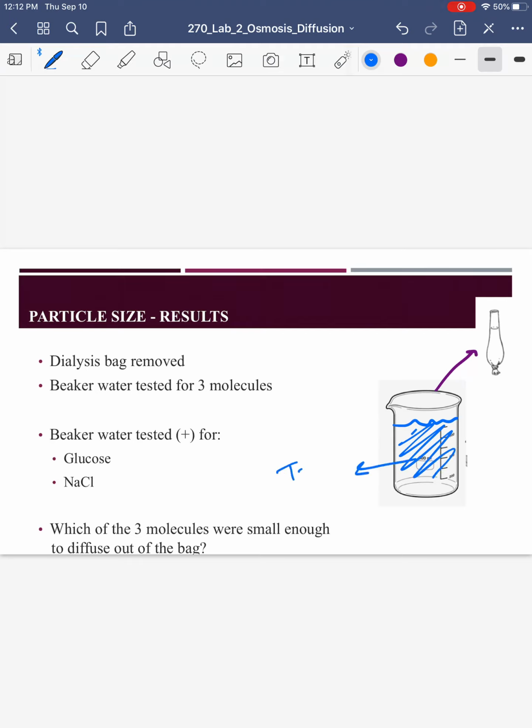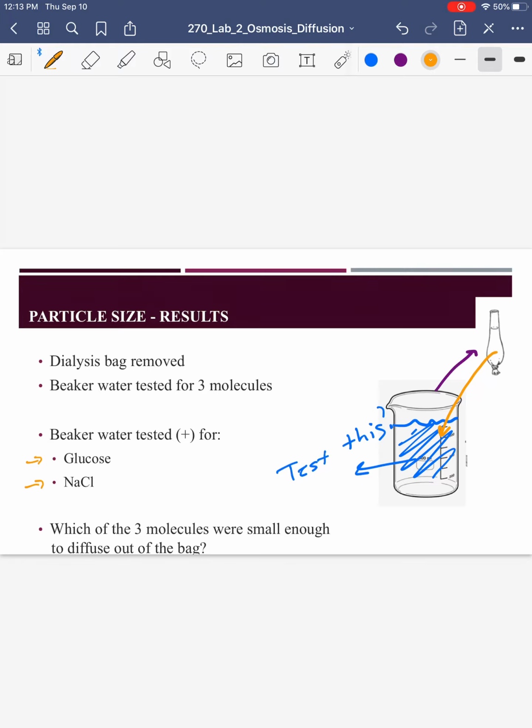So we test this for all 3. And what that means is whatever of the sugar, salt, starch were able to diffuse out of the bag and into the water, then the water would test positive for them. And here are our answers. The beaker water tested positive for glucose and sodium chloride.